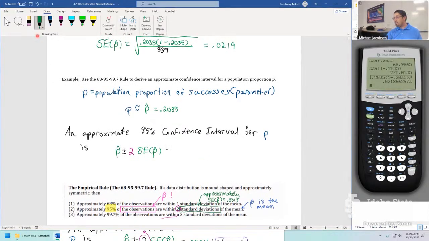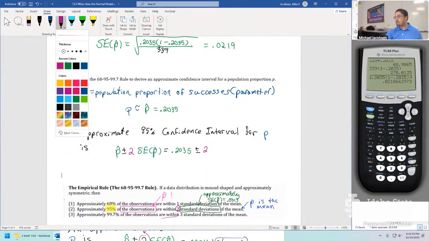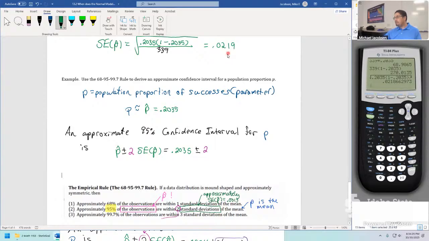And now we can compute this. This is going to be equal to the value for P hat. That was the 0.2035. Add or subtract that number 2 again, times the standard error, that's the 0.0219.